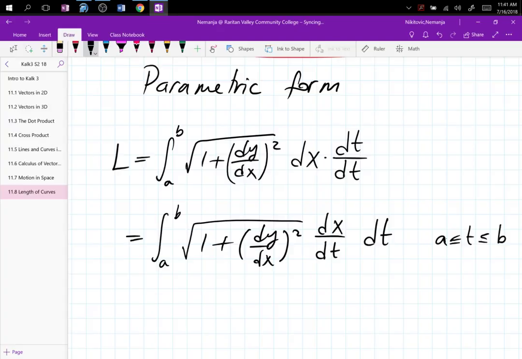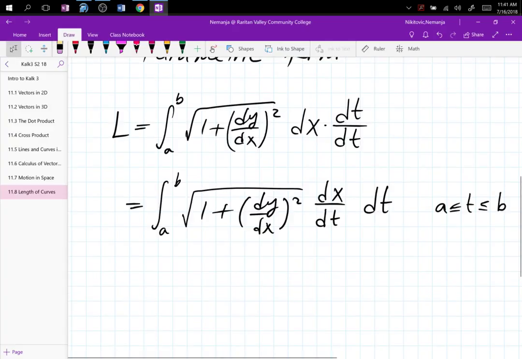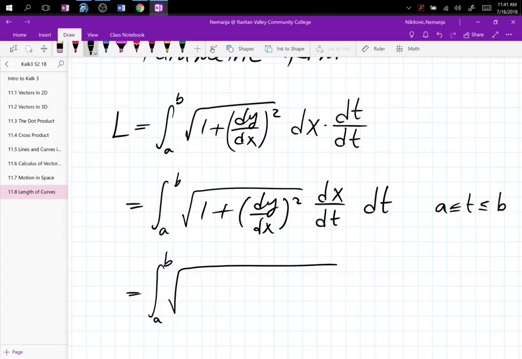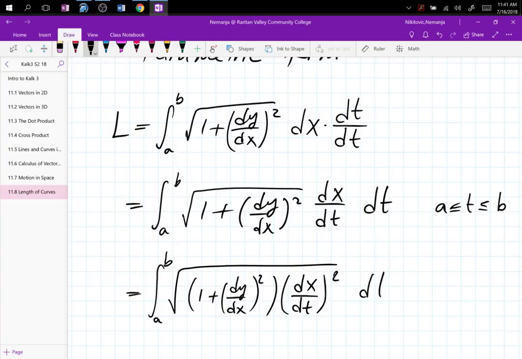Now this thing here needs to go under the square root, and things that go under the square root pick up a square. So this is the integral from a to b of the square root of 1 plus dy dx squared, everything times dx dt squared, and I have dt.